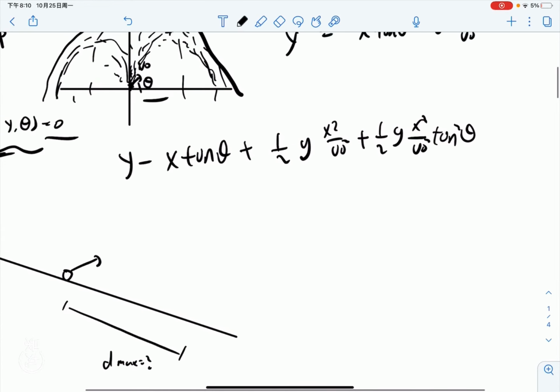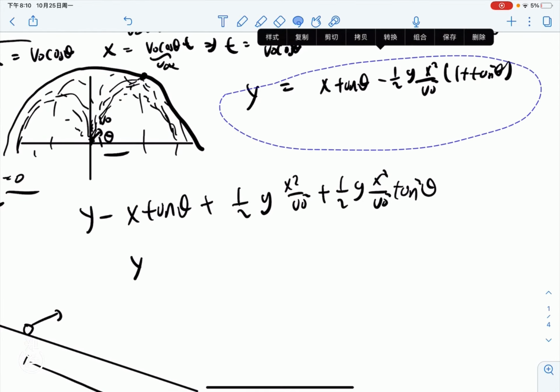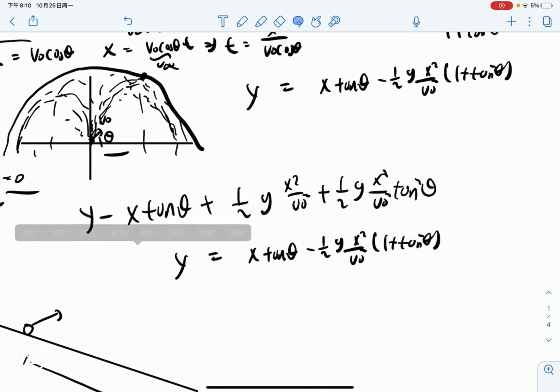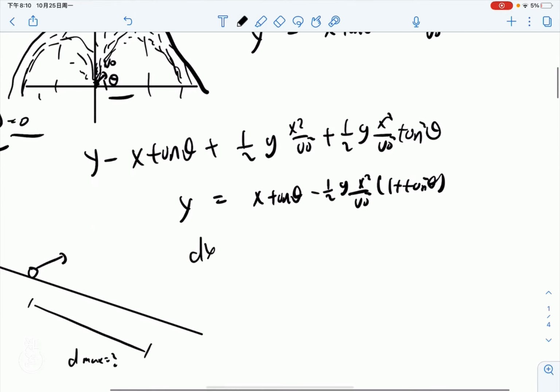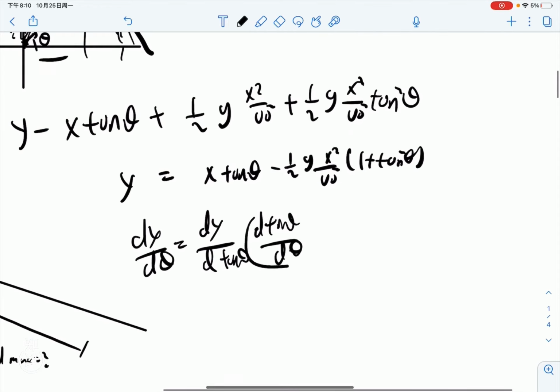So now, dy d theta is dy d tangent times d tangent d theta, and this is the secant squared, which is not relevant.